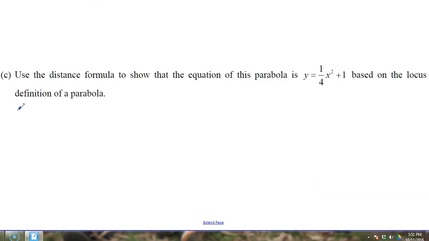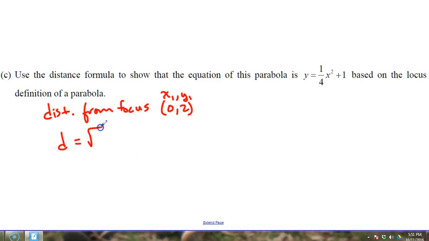So I'm going to imagine a distance from the focus. Let's just jot that down. The focus, so the distance from the focus, 0, 2, and I'm going to call this x1, y1. All right. Now, if I want to find the distance here, it would be d equals, now I'm finding it between the distance from the focus to any point.